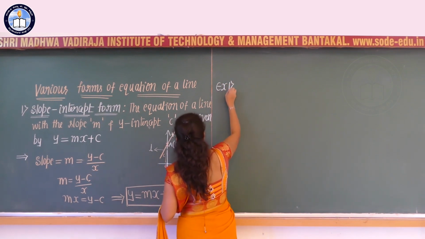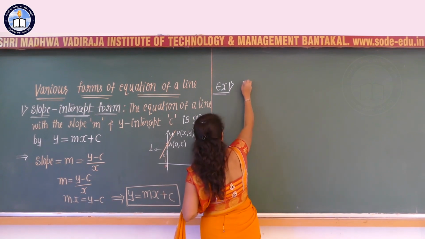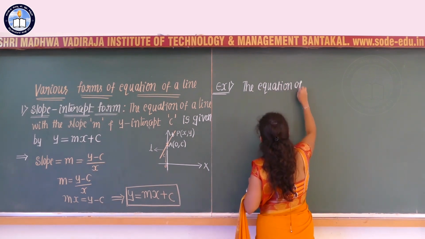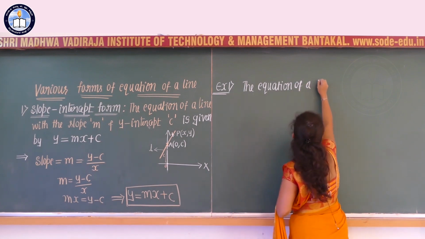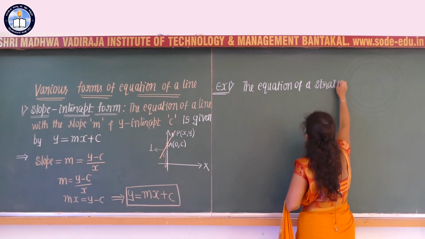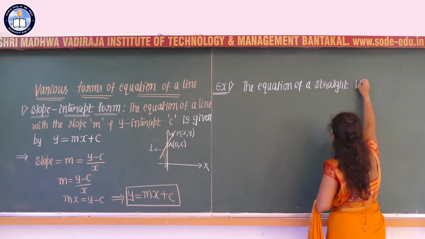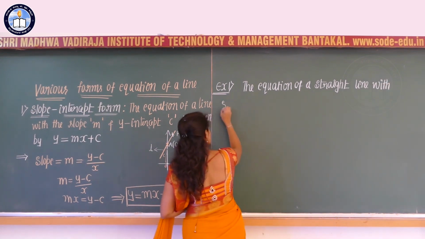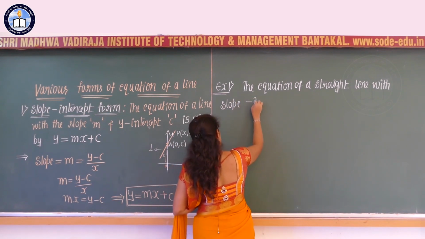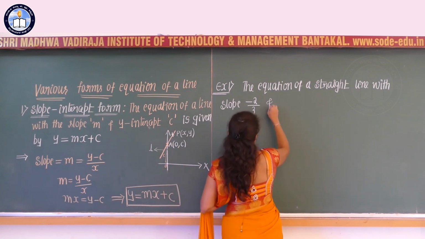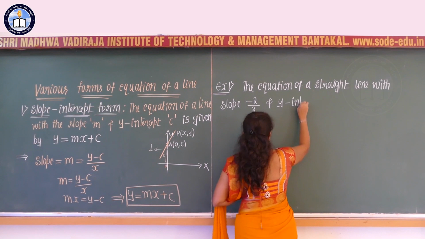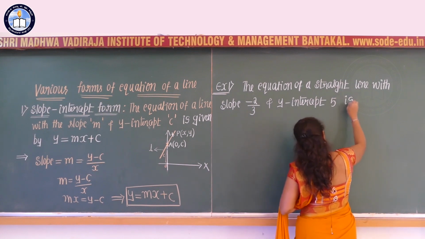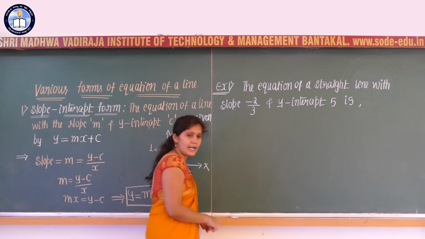Example 1: the equation of a straight line with the slope minus 2 divided by 3, and the y-intercept 5, is given by.